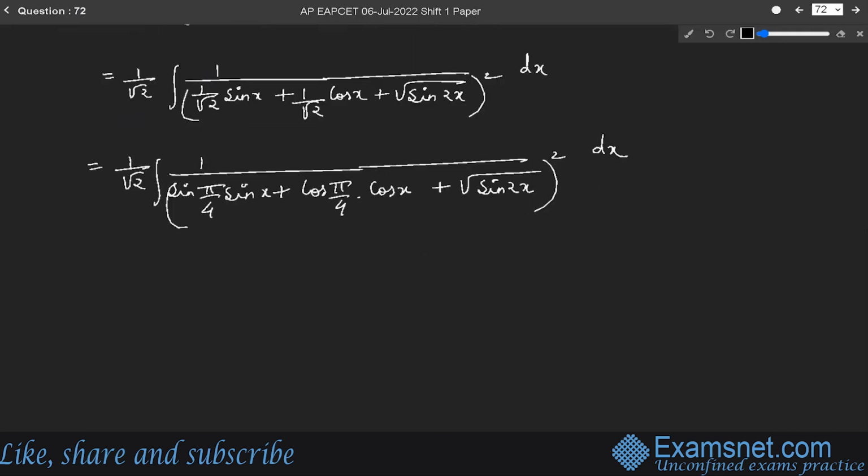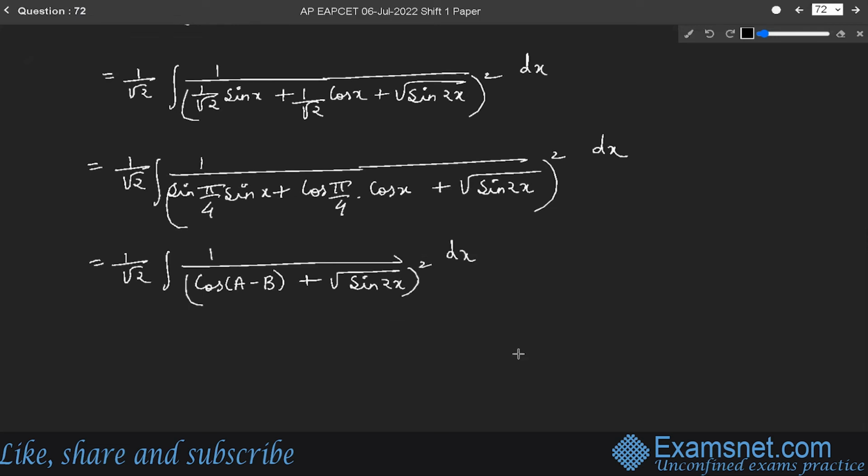So it will be equal to 1 by root 2 into integral of 1 upon sin A sin B plus cos A cos B is cos A minus B plus under root of sin 2x whole square dx. I hope this step is clear to you.